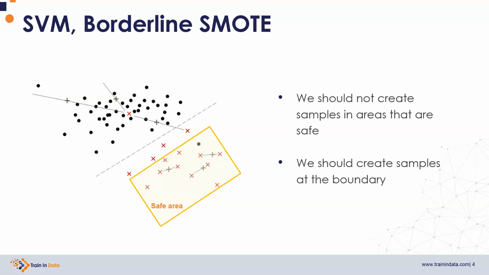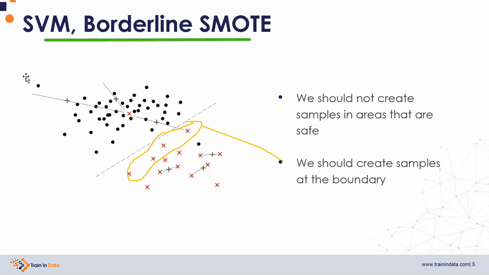We should instead be creating examples that are harder to classify. So we should offer the classification algorithm more observations that are closer to the separation boundary. Therefore, we have these algorithms like borderline SMOTE or SVM SMOTE, and also ADASYN.